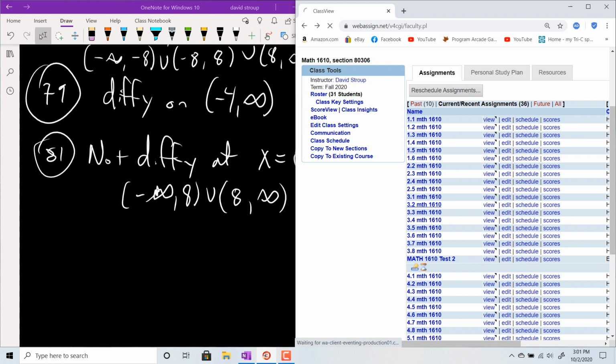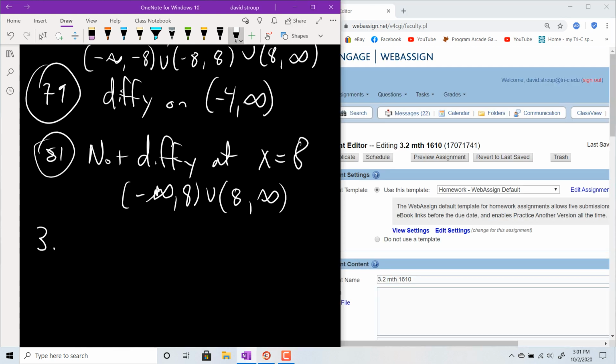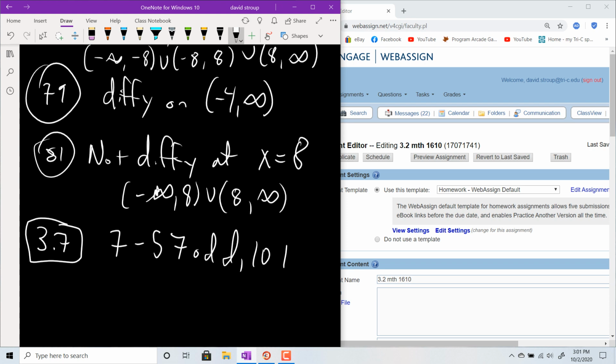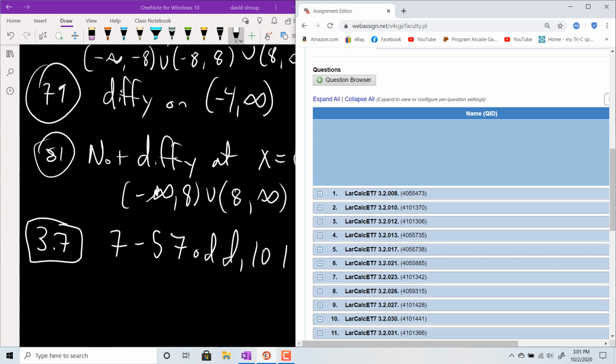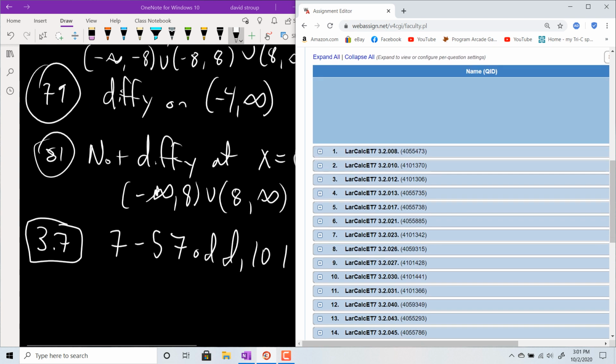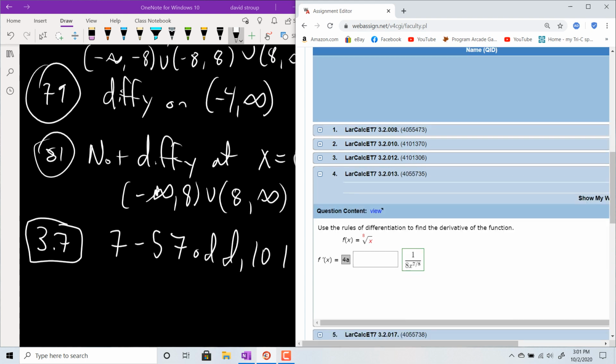Let's look at 3.2 type problems, and I'm going to be picking problems similar to 7 to 57 odd, and then there'll probably be one application similar to question 101, which is on dropping a projectile of some sort, a silver dollar in our case. So you can go through and kind of, here's problem 13, you try that and see how it goes.